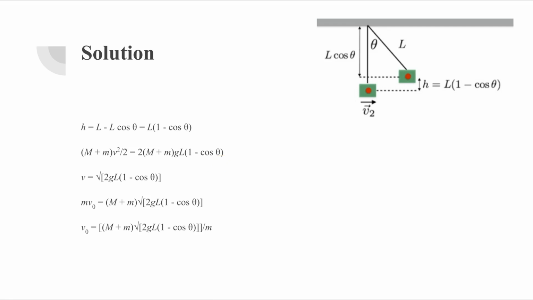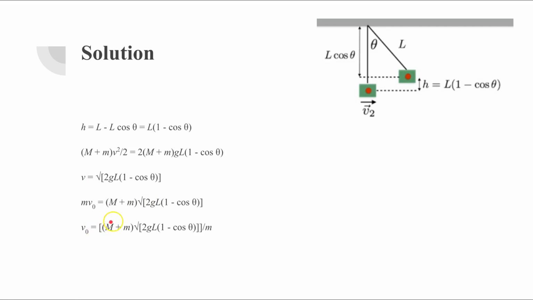So m v naught, where v naught is your initial velocity, equals m plus M, our combined mass, times square root of 2gL times 1 minus cosine theta. So that's our velocity here. It's just conservation of momentum.